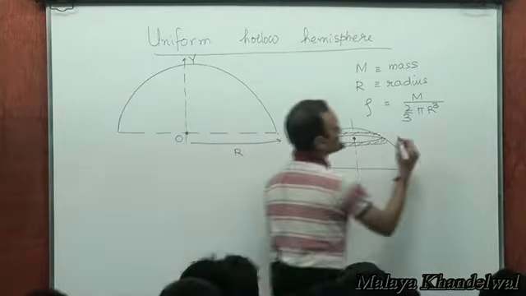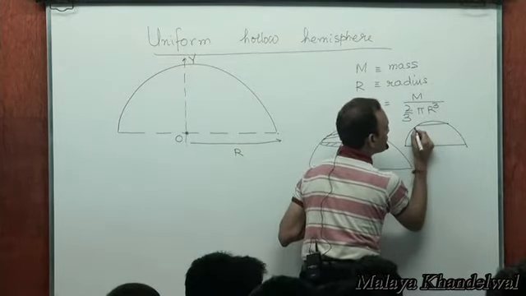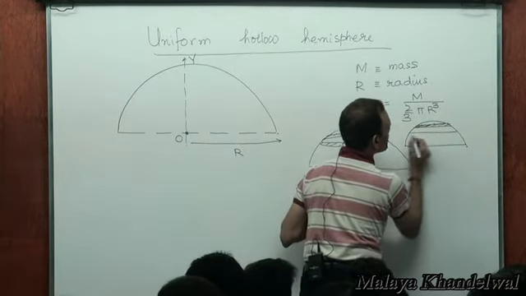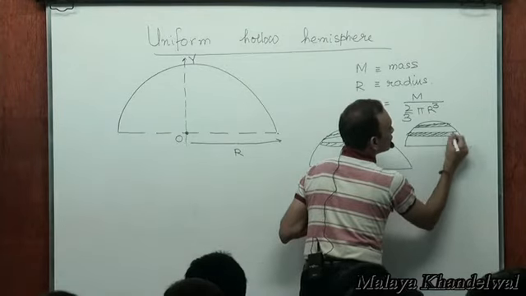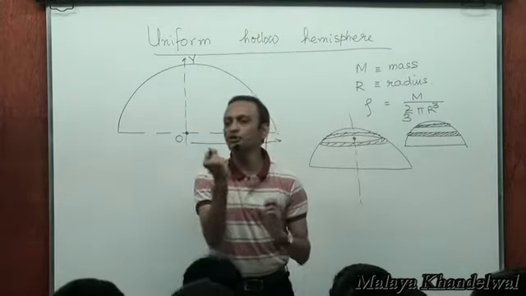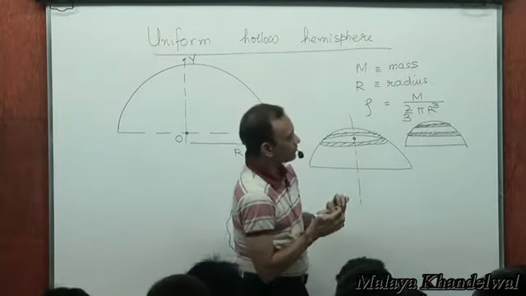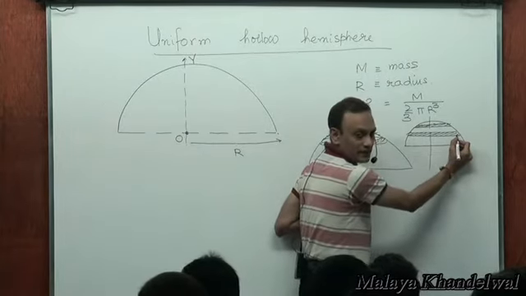When you look from the side, these are the rings that I want to select on the hemisphere, of varying radius, circular rings. Each of the circular rings would have its center of mass at its geometrical center, right? So let's say this is a sample ring.